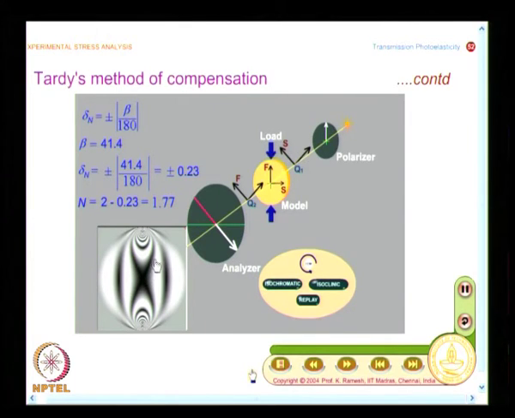I have a fringe with the shape of 8. The other way of looking at it is that the intensity passing through the point of interest is 0. Fine. I also see a semblance of a fringe pattern elsewhere. When I rotate the analyzer, I see the complete model.